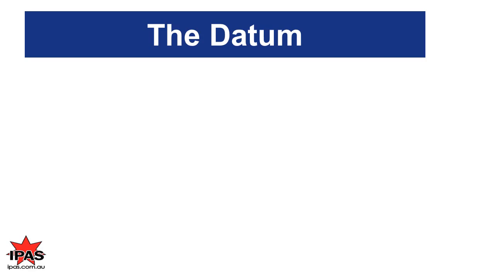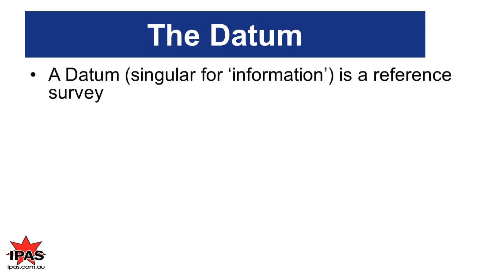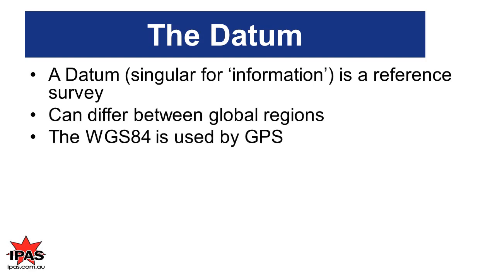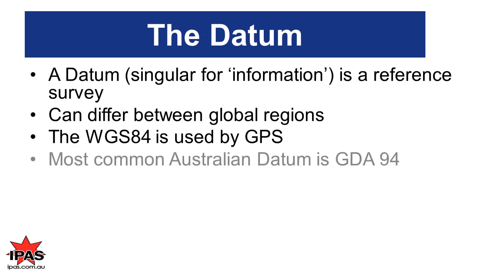The datum, which is singular for data, is a reference survey, and it can differ between global regions. We use a datum as a reference point from which the coordinates are measured. WGS 84, the World Geodetic Survey of 1984, is used by the GPS system, so if you're programming your GPS, make sure it's in WGS 84.